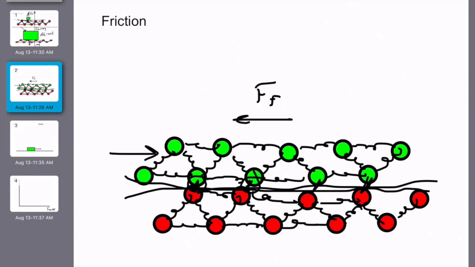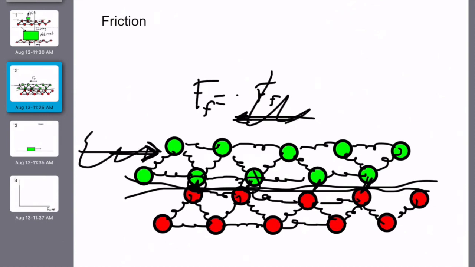The harder I push, let's assume it doesn't move. I'm pushing a table, and this is the foot of the table. If I push harder, bigger force, friction pushes back harder. If I don't push at all, friction is zero. So the more I push, the more friction there is. And that's a special kind called static friction.